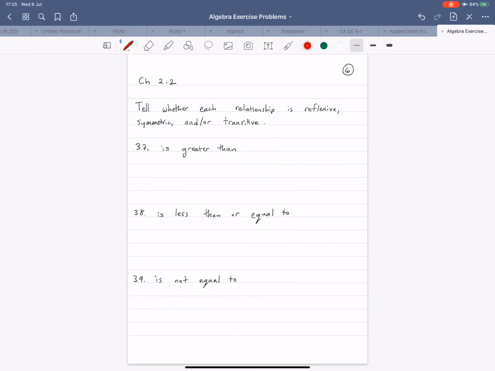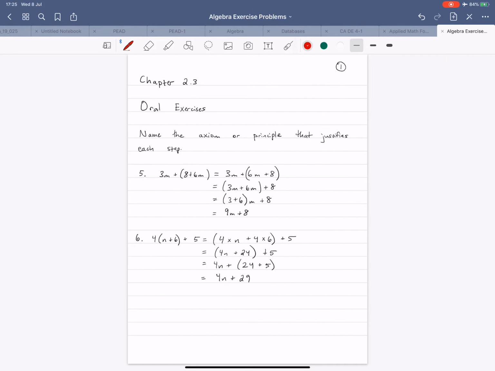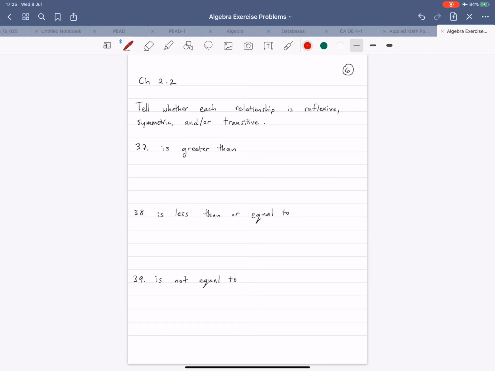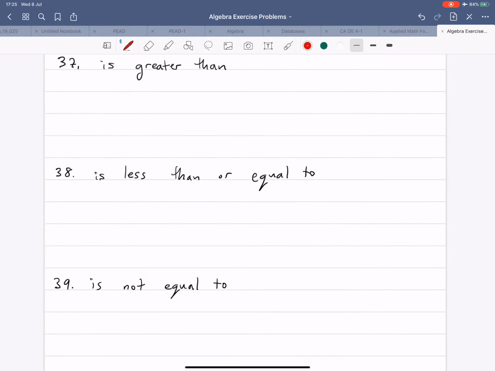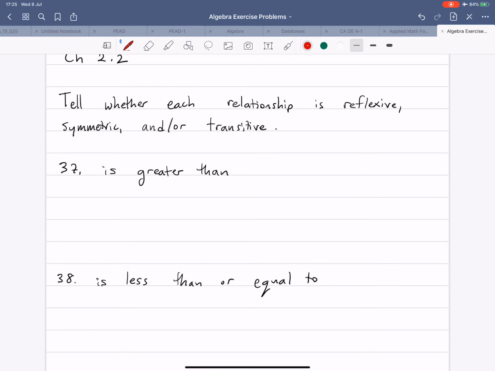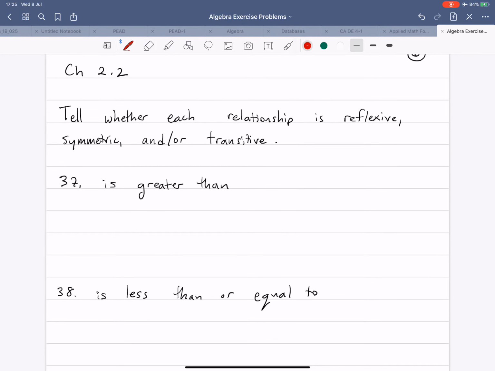We're going to do another example. Here it's asking us to tell whether each relationship is reflexive, symmetric, and or transitive.